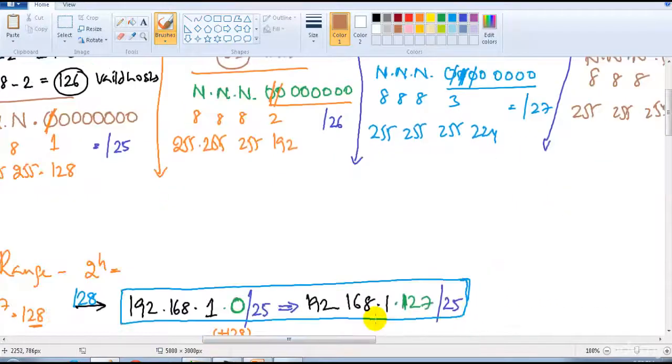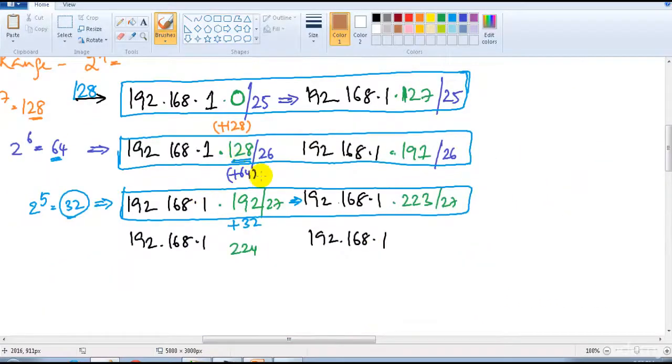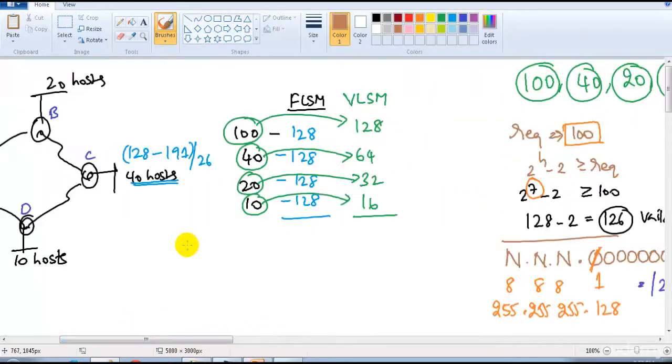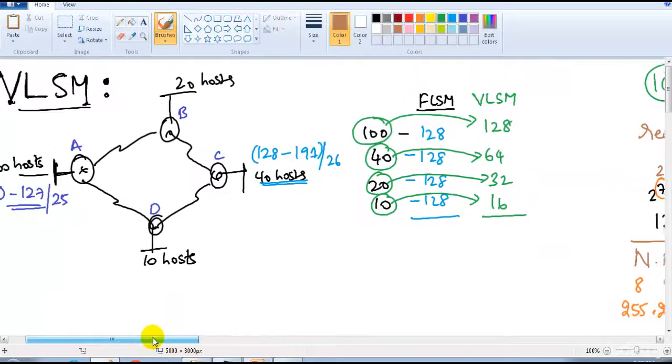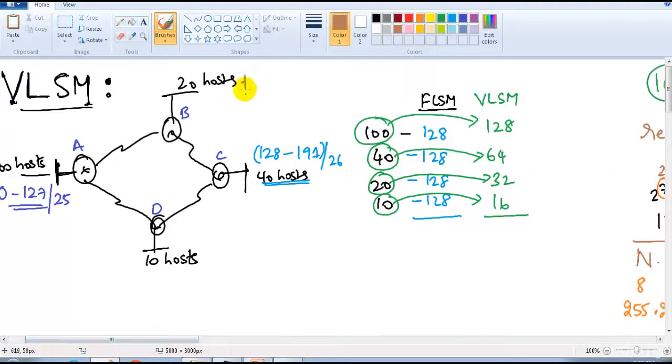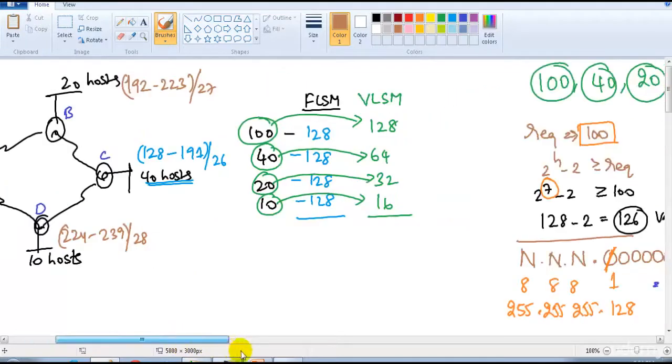And if you come down to write the range, 192 to 223 is already given. I have allocated 192 to 223 for this branch, with a slash value of /27. So I'm going to allocate 224 to 239 with a slash value of /28. I'll write the range over there because it is a group of 16 addresses.